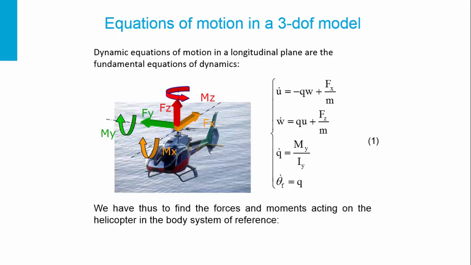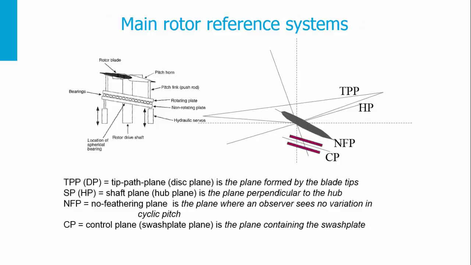system of reference. For a helicopter, you remember that we had more systems of reference in which we could see the motion. We had the so-called tip-path plane, which is the plane formed by the blade tips. We had the shaft plane, which is the plane perpendicular to the shaft hub. We had the no-feathering plane, which is the plane where an observer sees no variation in the cyclic pitch.